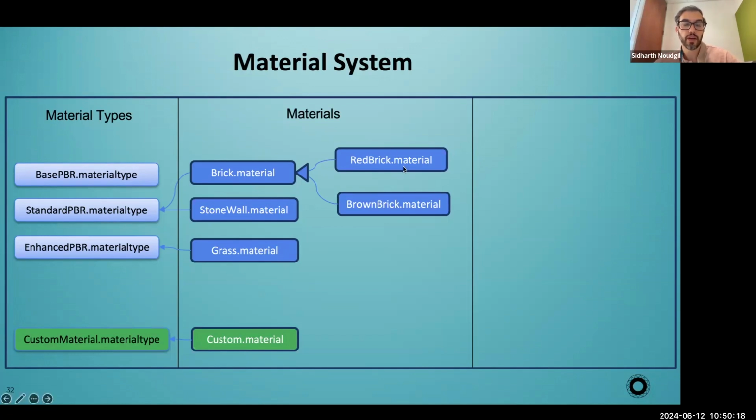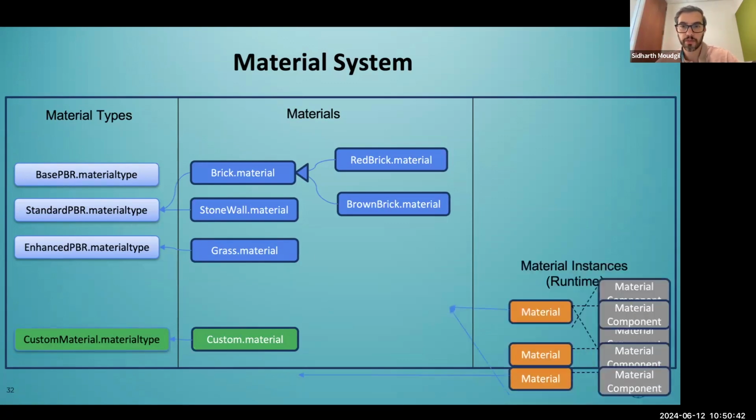And then you can have inheritance. Red brick can inherit from the brick, so the red brick would only change the albedo color, and it will inherit all the properties for roughness, metallic, and specular reflectivity from the brick. Then you can build your custom material that can point to a custom material type. That's how the hierarchy is set up for the material system.